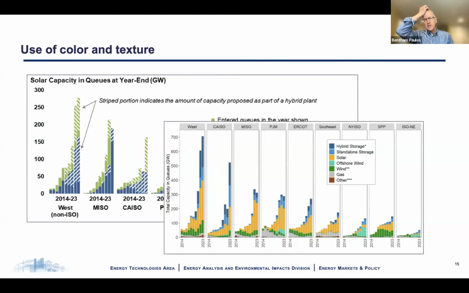Comparing them side by side, you can see the difference. They're kind of telling a similar story. The one on the left is solar only with or without batteries. The one on the right is all generation technologies. So they tell slightly different stories, but they still break it up by region and time. So it's a similar approach.